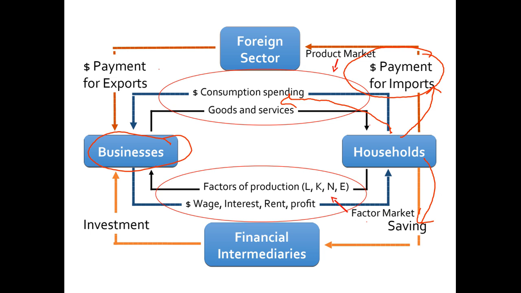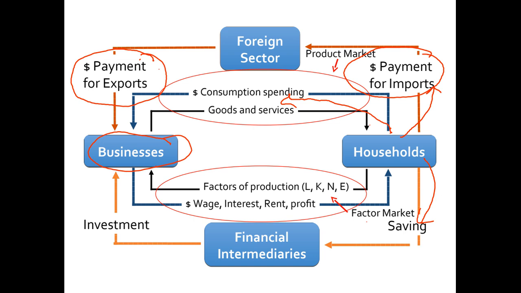So when the business sector sells goods and services to the foreign sector, the business sector will receive money in terms of dollars. This is what we call dollar payment for exports.